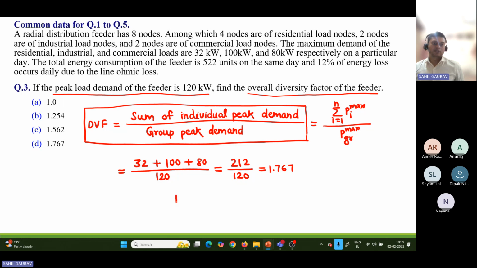From here you can also say that diversity factor is greater than 1, while coincidence factor is less than 1. Therefore, D is the correct answer.